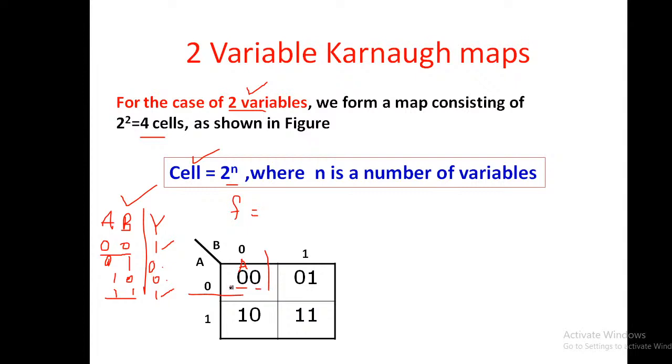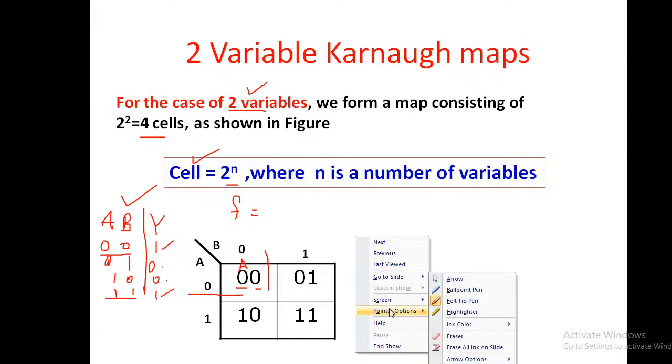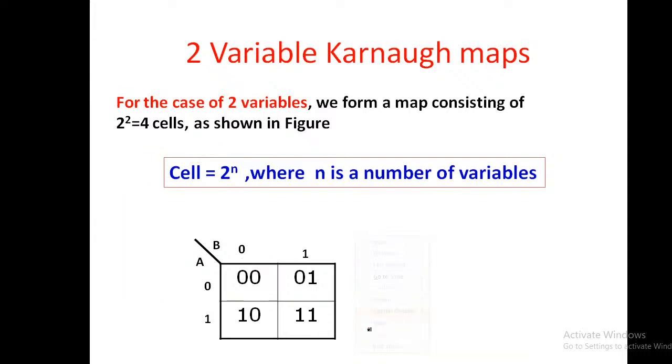Now A value is 0, and B value is also 0. Like you have read in coordinate geometry, you have seen how to find the position. So this position is 0 0, that is A is 0, B is 0, which means the minterm will be 0, because the decimal value of 00 is 0.